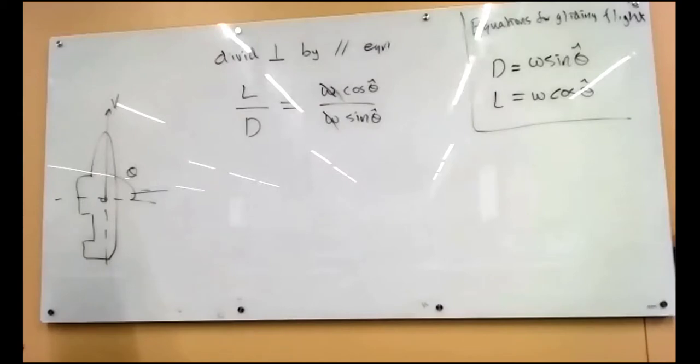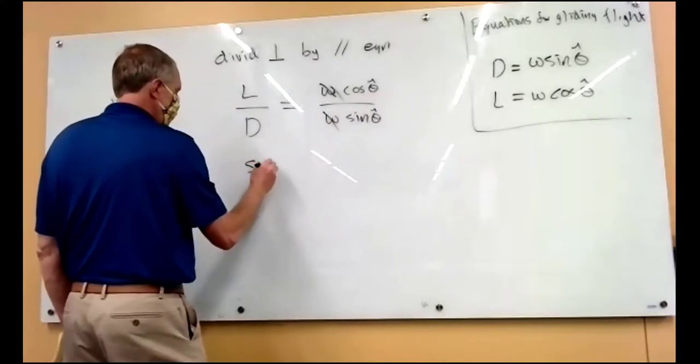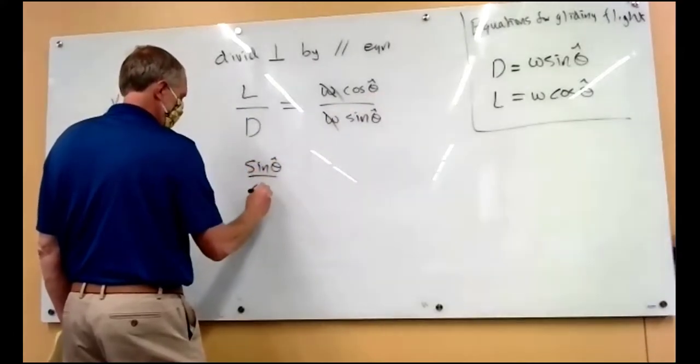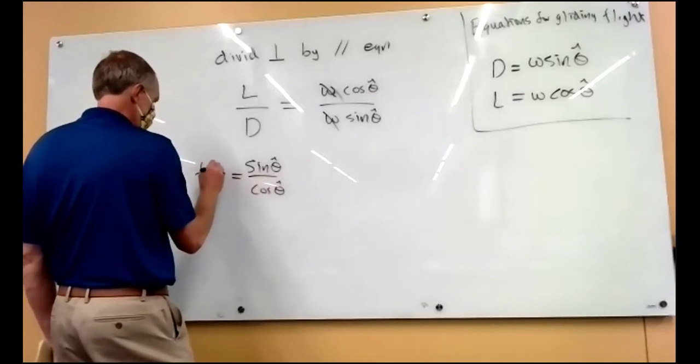So it doesn't matter in our equations now what the airplane weighs. And let's flip this over to this side. So we get sine over cosine, because that's nice, because we usually deal with tangent.